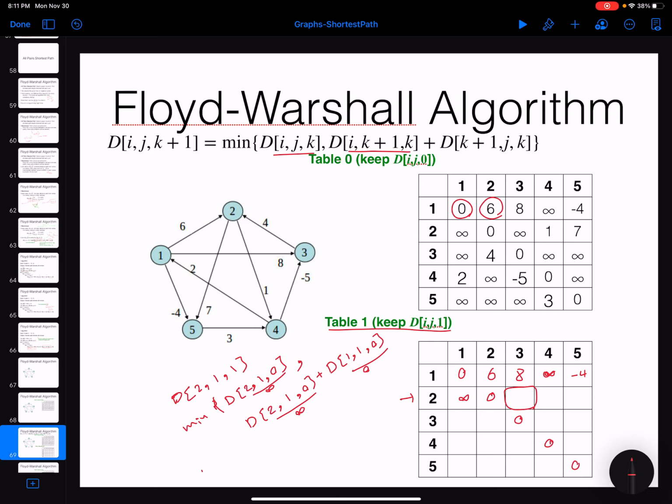We are going to check the cost of 2 and 3 using 1.